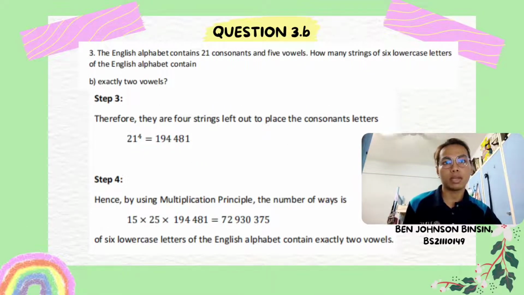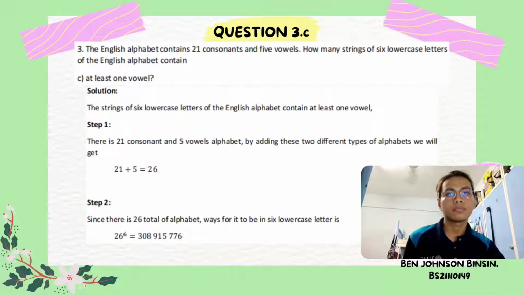Therefore, there are 4 positions left to place the consonant letters, which is 194,491. Step 4, hence by using the multiplication principle, the number of ways is 72,930,375 strings of 6 lowercase letters of the English alphabet that contain exactly 2 vowels.